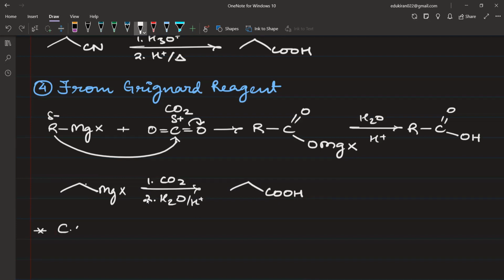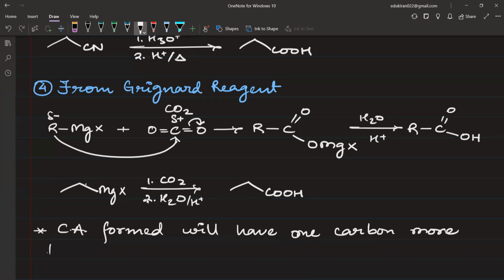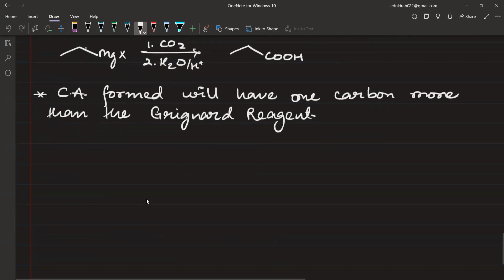Is that right? The carboxylic acid formed will have 1 carbon more than the Grignard reagent. This reaction and the previous reactions are important in conversions.